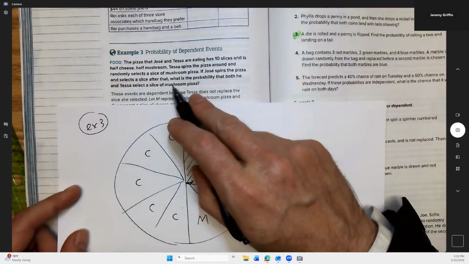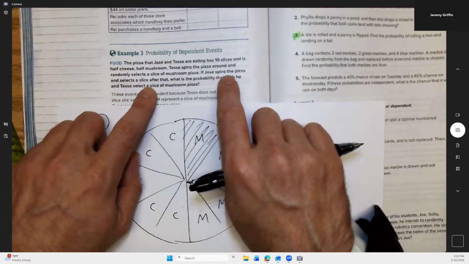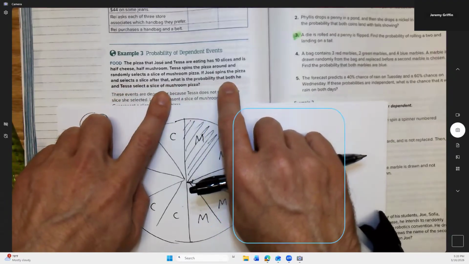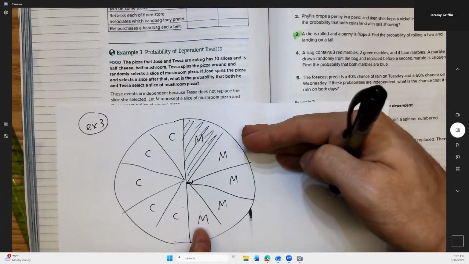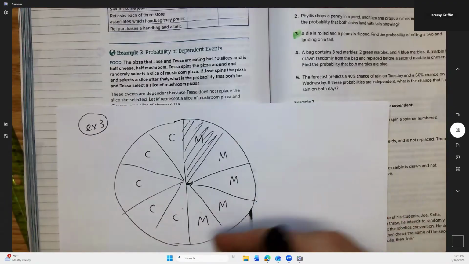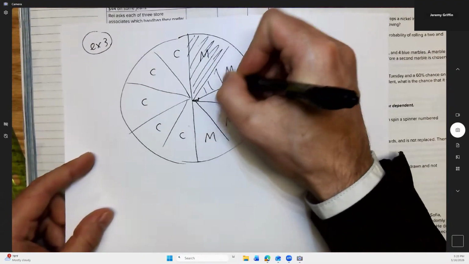After that, Jose then spins the pizza and selects. What's the probability that both he and Tessa select a mushroom? Well now, Jose only has these four slices to choose from to also get a mushroom, out of nine remaining. And maybe he picks this one, for example.